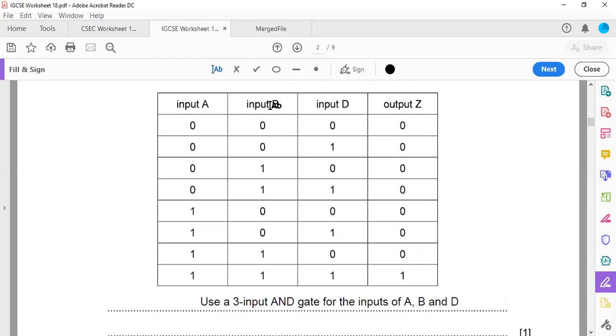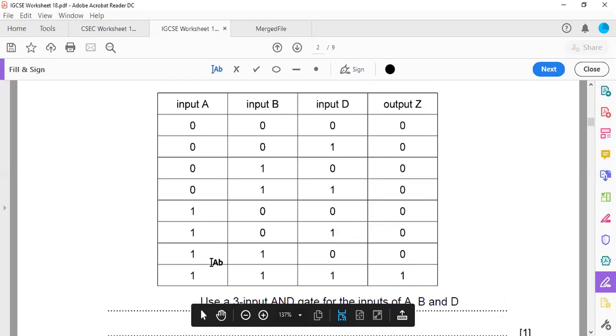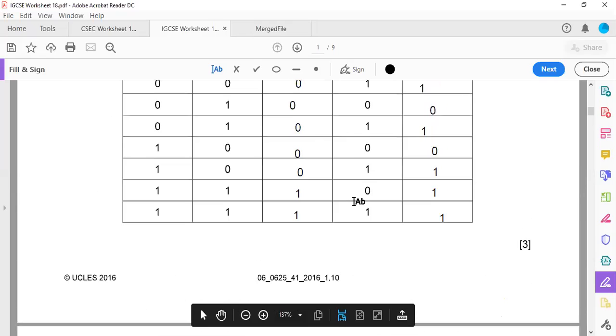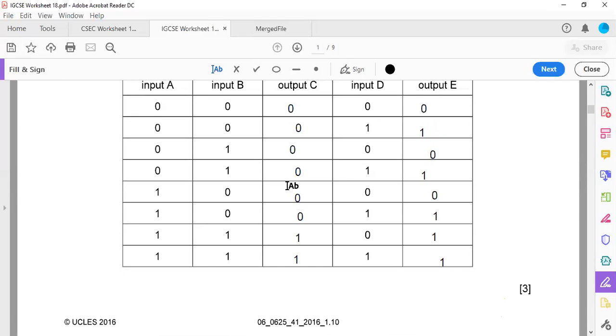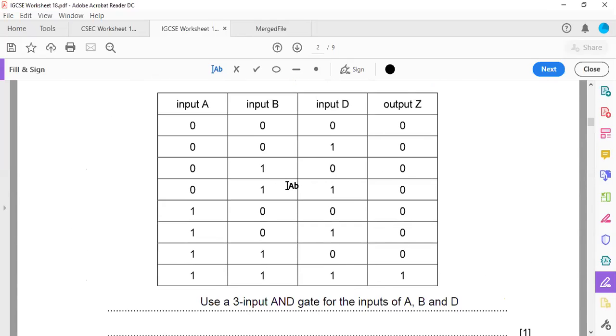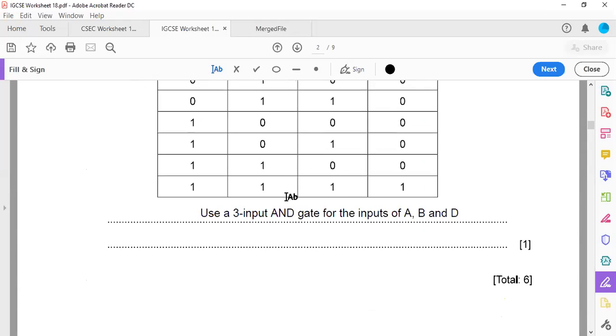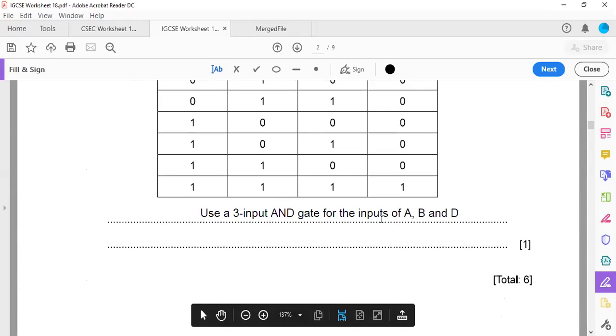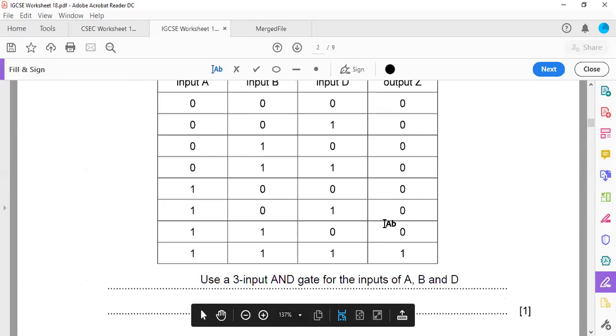Here is 2 to the power 1, which is two zeros, then two ones. 2 to the power 2 is 4: four zeros, four ones, as we were seeing in the lecture. So this whole thing, we could use a three input AND gate, with A, B, and D in it, and one output of Z. Your AND gate always gives you one output.